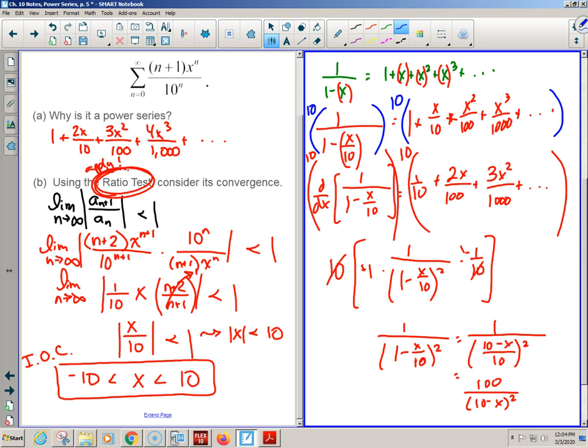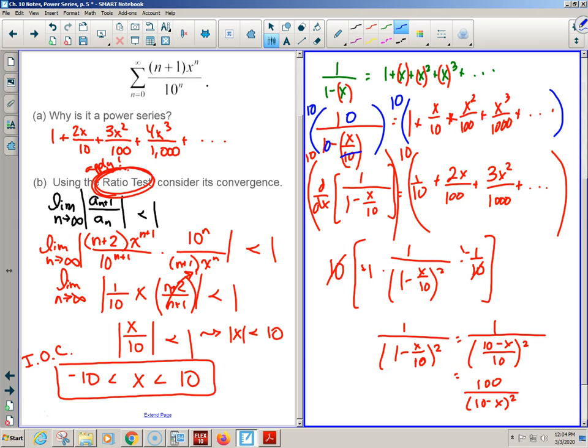You could have rewritten this to be that whole 10 over 10 minus x to the 1. Then you could have gotten 100 over 10 minus x, and then made it 100 over 10 minus x to the -1, brought down the -1 to -100 over 10 minus x to the -2 times u prime, and you would have landed there instead of having to find it yourself a little bit later on.